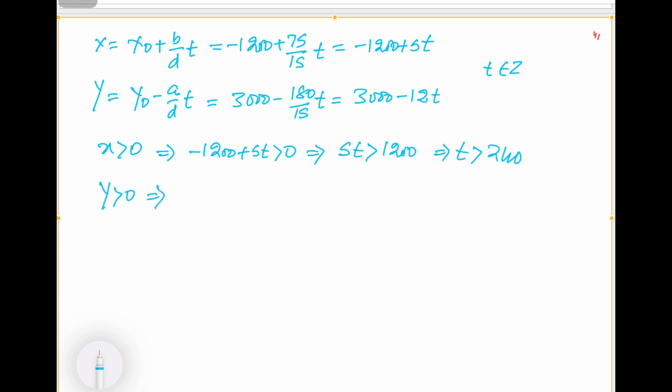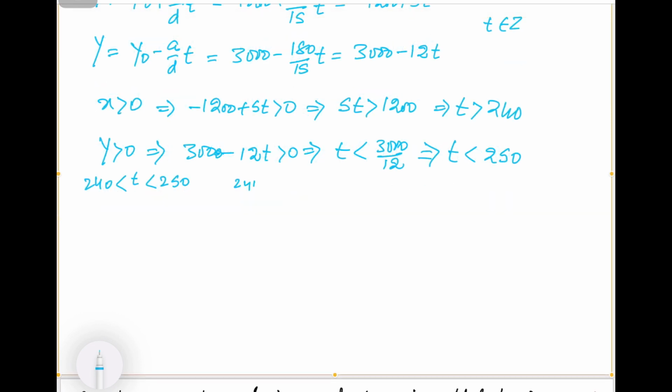For y strictly greater than 0, 3000 minus 12t greater than 0 implies t less than 3000 by 12, which is 250. So t is from 241 to 249. So t equals 241, 242, 243, 244, 245, 246, 247, 248, 249.